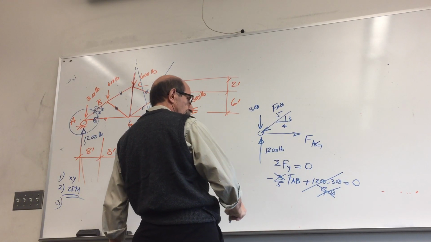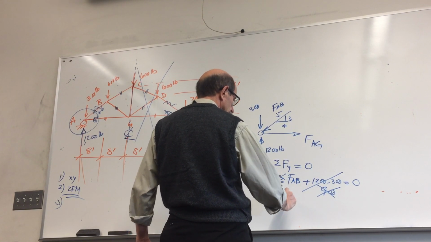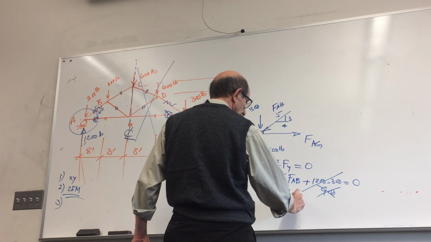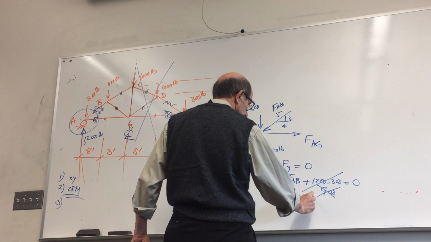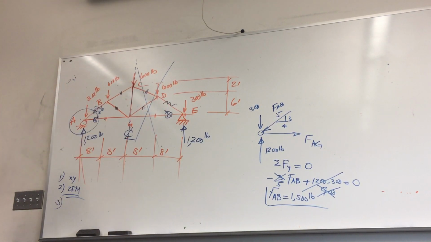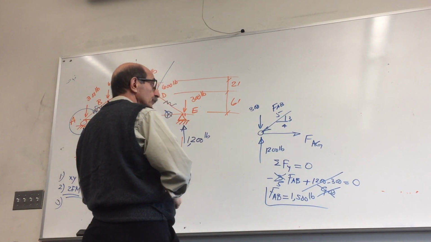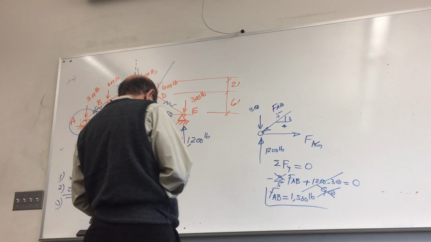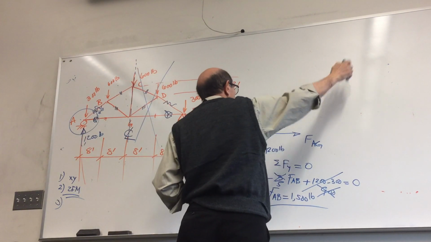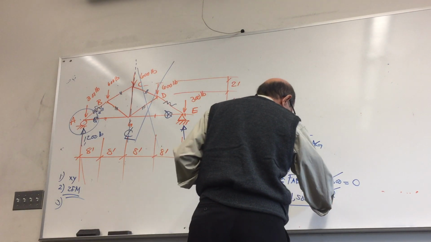So FAB would be 1,500 pounds, if I did not make a mistake, which I don't think I did. So it came out to be positive. That means the assumed direction is right. Since the force is coming towards the joint, the corresponding member will be in compression.